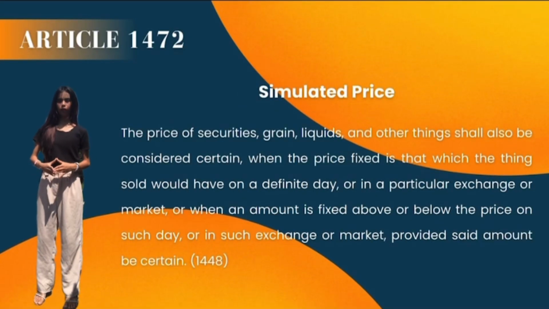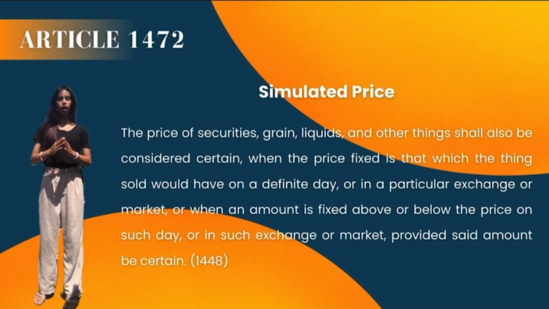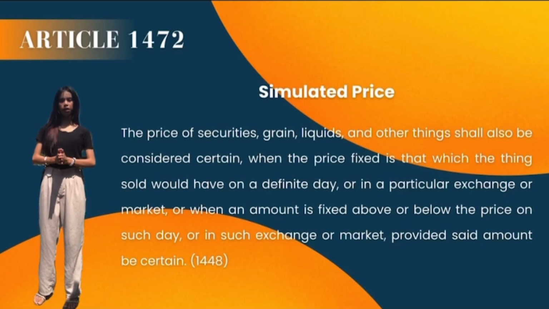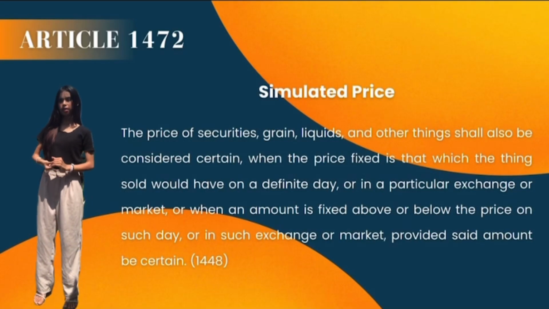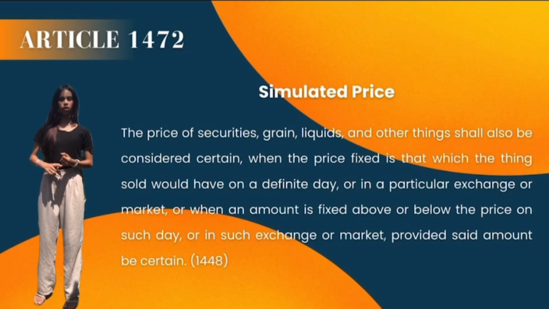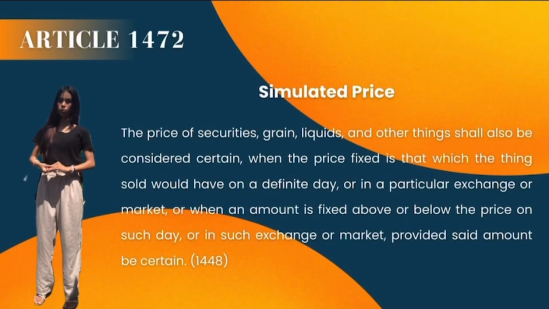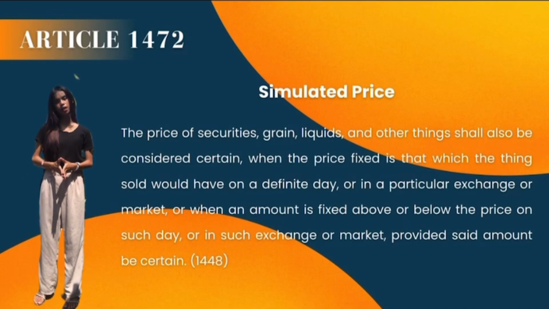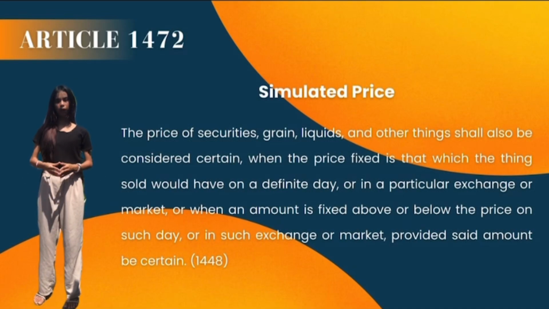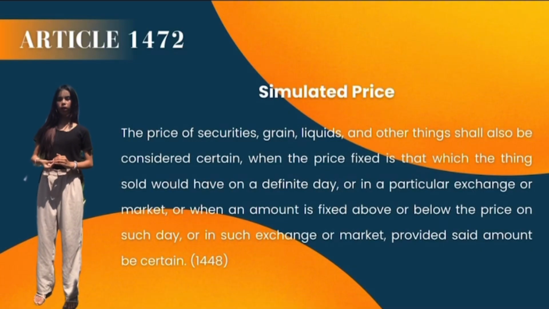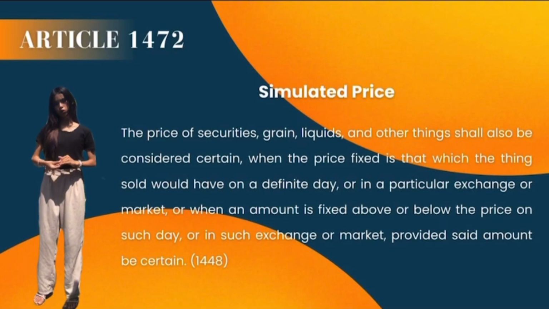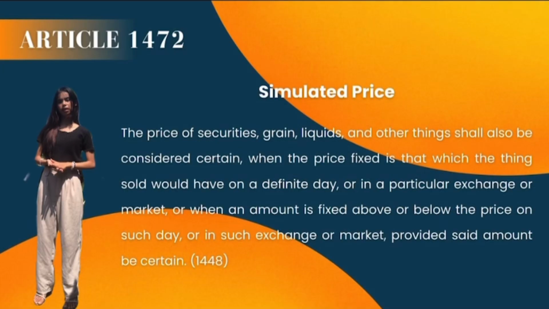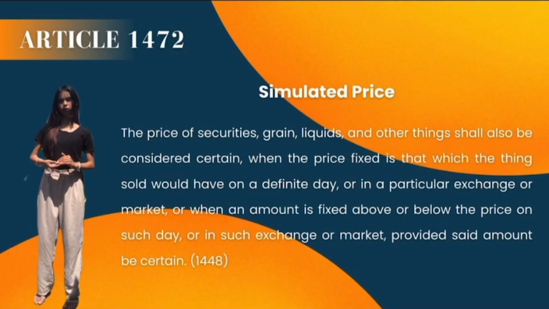Now, let's talk about Article 1472. Article 1472 keeps things practical when it comes to pricing certain goods. Think about stocks, grains, or liquids, which are things with fluctuating values. This article says that their price is considered certain even if it's not a fixed peso amount right now. It is certain if the price is tied to what it will be on a specific future date, or what it's currently trading for in a particular market or exchange.